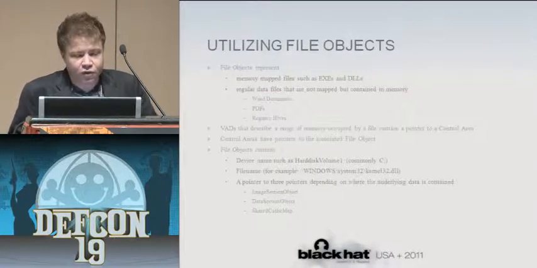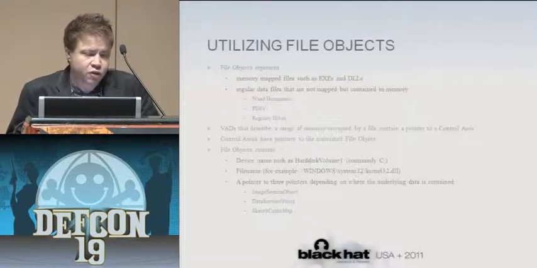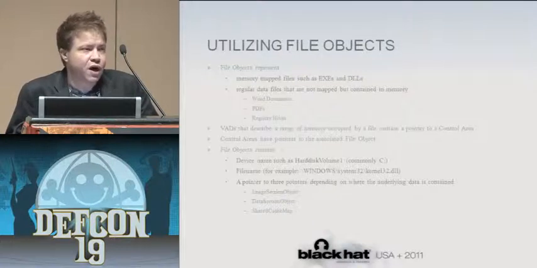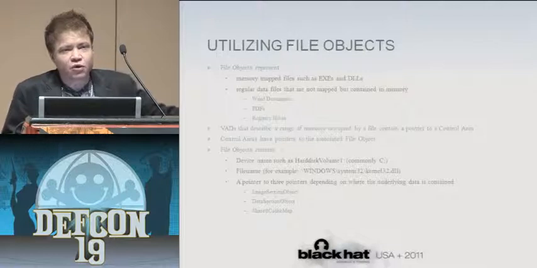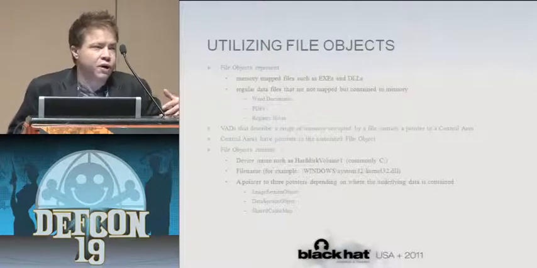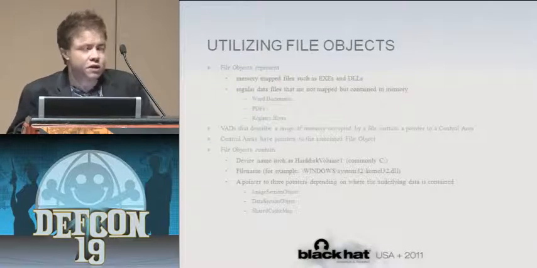If you're very familiar with WinDbg, you'll be used to these structures that we're talking about. The control area has a pointer back to the file object. So we're finding VADs in memory because we found the EPROCESS block. Once we find the VAD, we're trying to parse it to see its control area. Once we get to the control area, we're parsing it to find its file object.